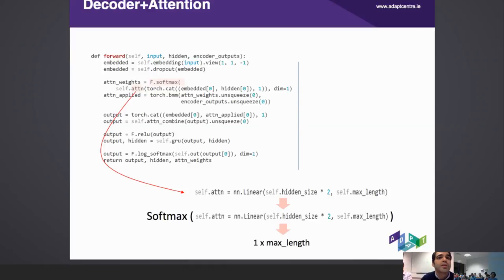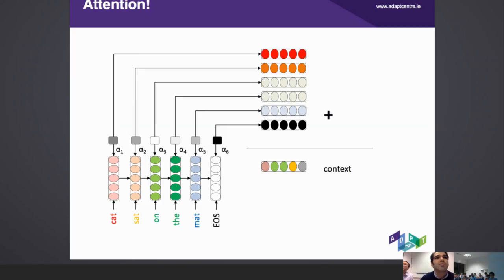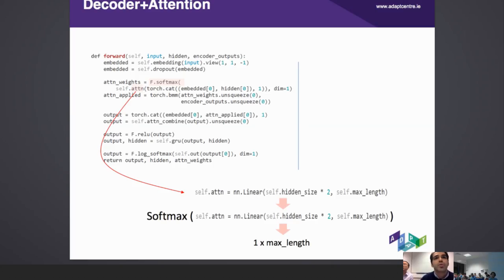We know that softmax maps everything into the 0-1 range, and the reason we use this range is that we need something like probability. We want to show how impactful this embedding is, and we rate the impact of this embedding with a value between 0 and 1. So that's the reason we use softmax.